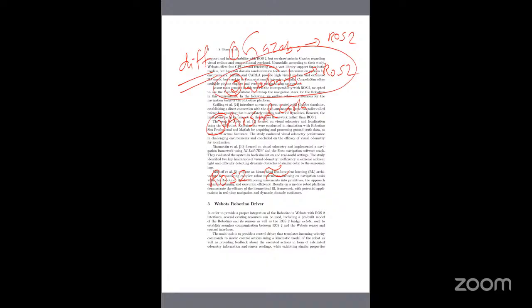Then to connect this Robotino with the VBoots, they have used the VBoots ROS2 bridge and developed the central structure of the Robotino driver.